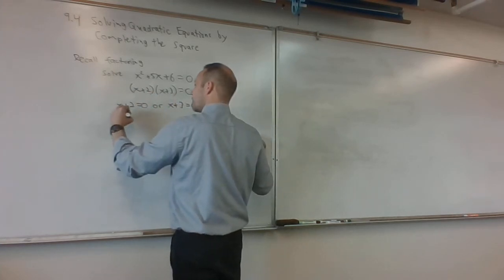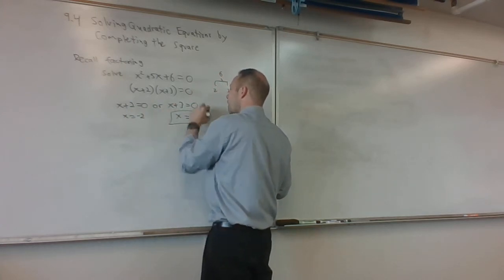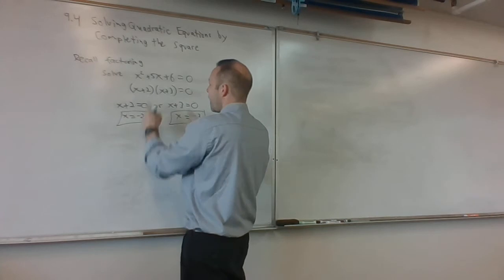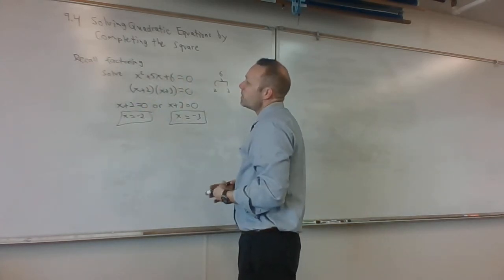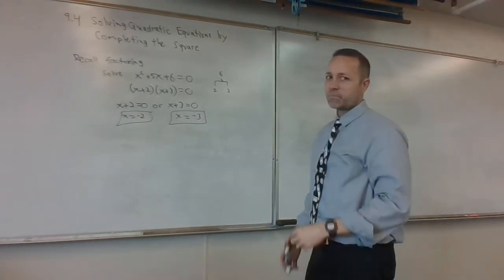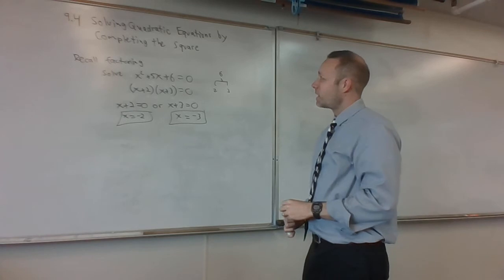Subtract 2 from both sides here, you get x equals negative 2. Here you get x equals negative 3. We found the two values of x that we can plug into our original equation and make it true. So factoring was great, but what if what you have is not something that can be factored?